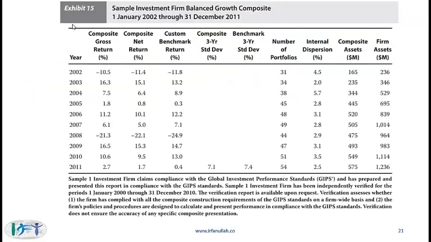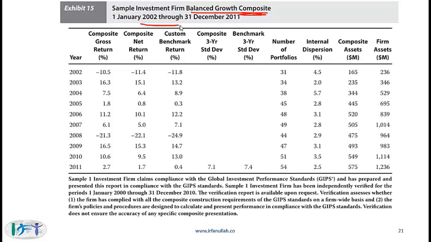This is an example of a compliant presentation. Notice that you are looking at performance numbers, and up here the composite is mentioned. The performance numbers are at a composite level, and the name of the composite is the balanced growth composite.